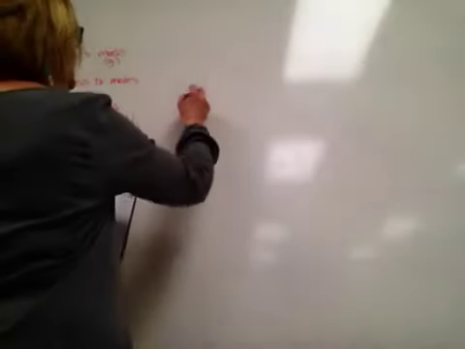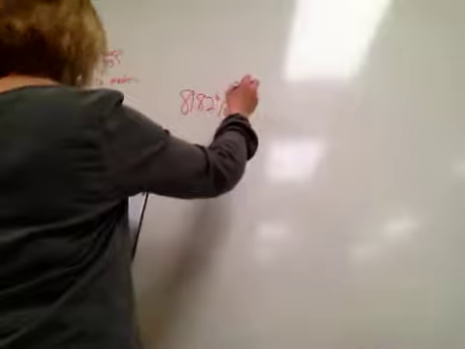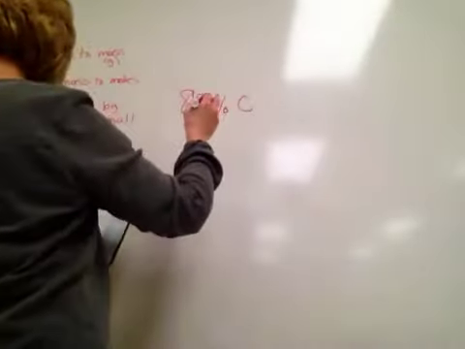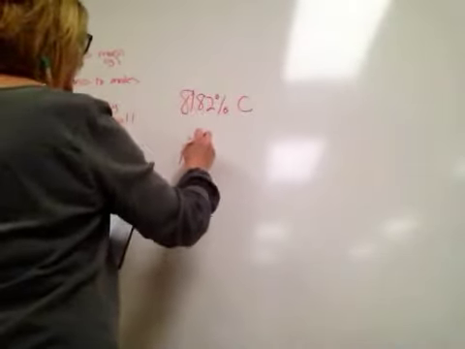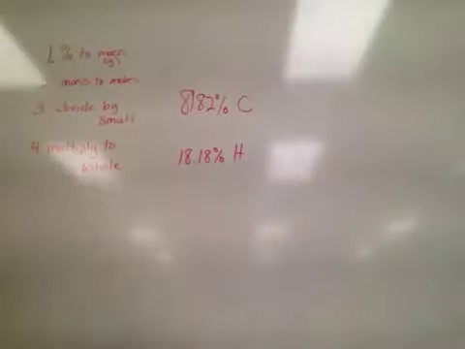On your sheet of paper, write, let's do number 60. So I am on page 346, number 60. I have 81.82% carbon, and I have 18.18% hydrogen.